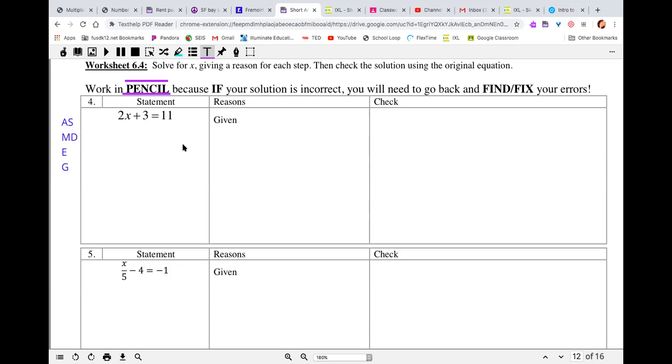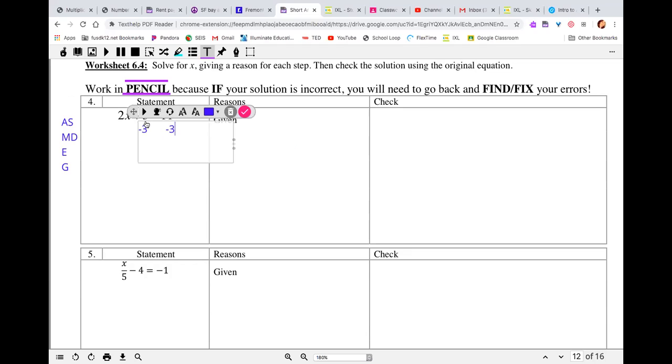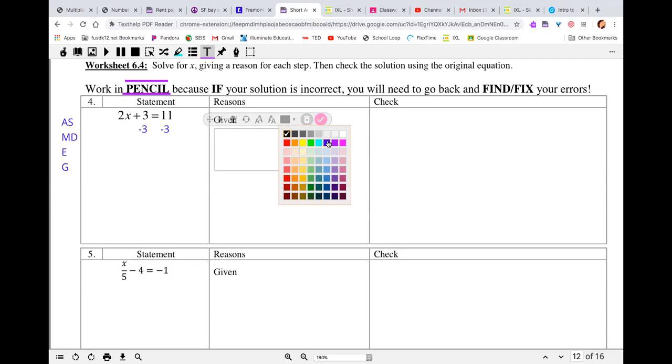Okay. So I'm going to do SPOE. So I'm going to minus 3 on both sides. So after I do that, some people like to write what they did immediately after. Other people like to do it later.